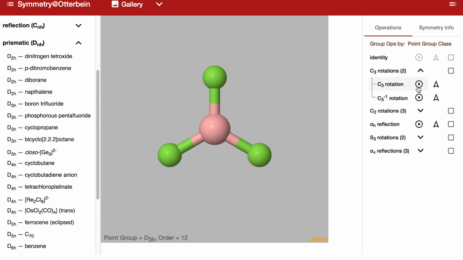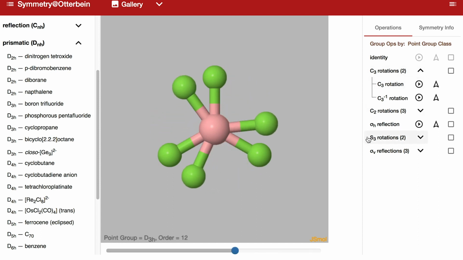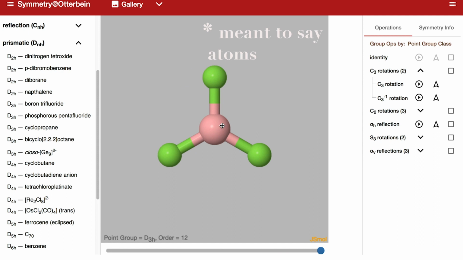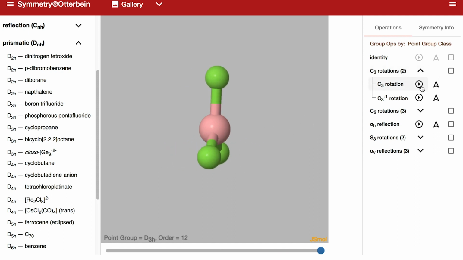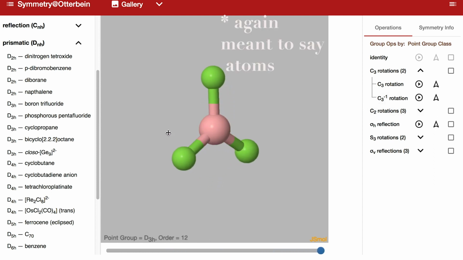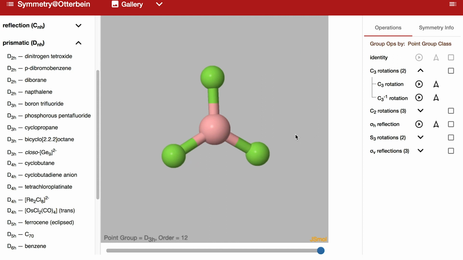For example, with the C3 rotation, we can see that all the atoms move, which would be the reason why the C3 would be 0 for this and 0 for the molecule in question.